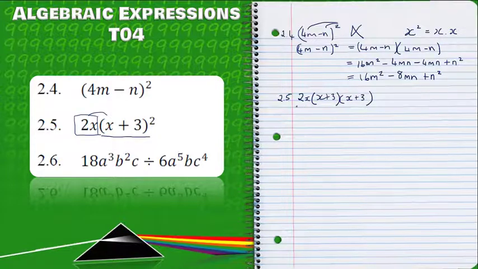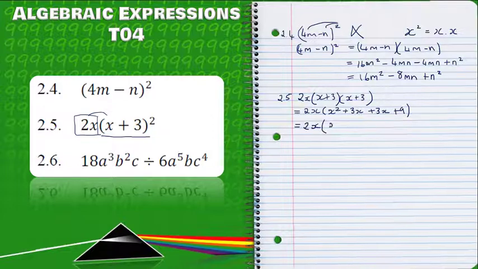Then multiplying out my two brackets with FOIL, so 2x is still there. I'm writing this as x squared, where I multiply the first terms, then x times 3 is plus 3x, then 3 times x is plus 3x, and then 3 times 3 is plus 9. And then 2x is still there.